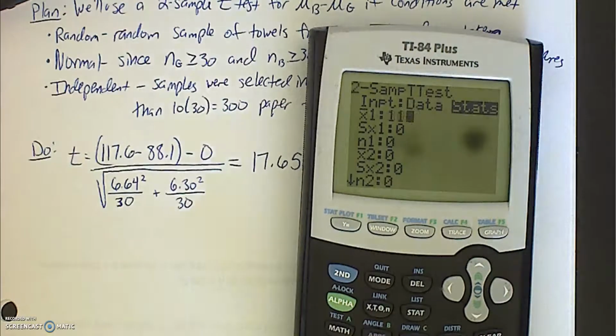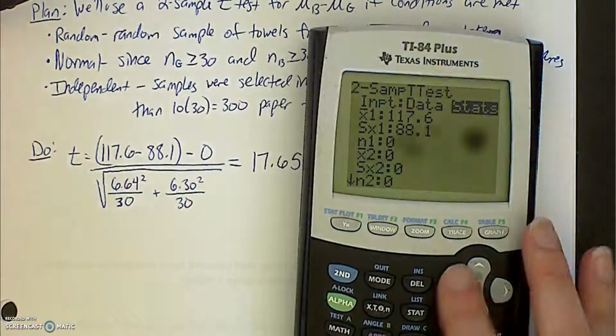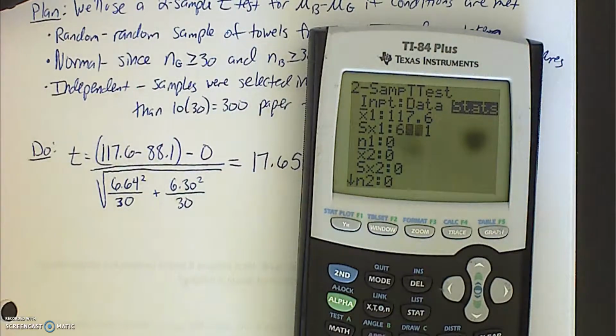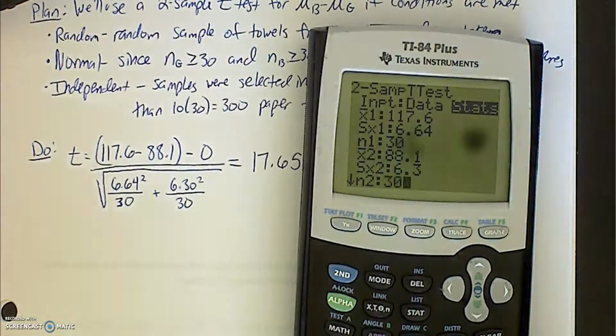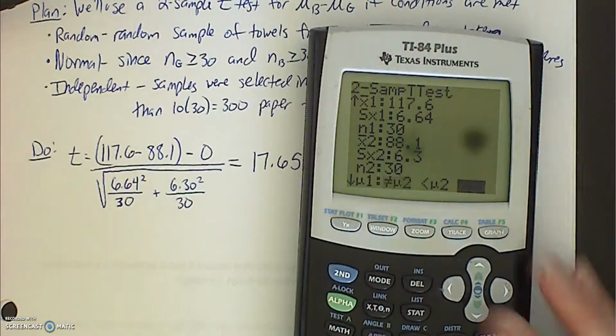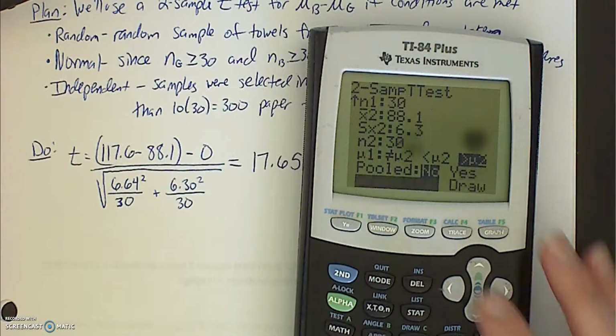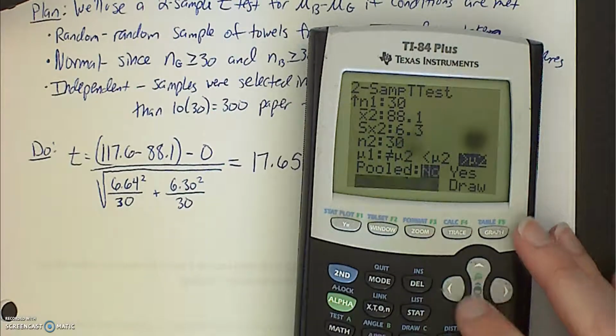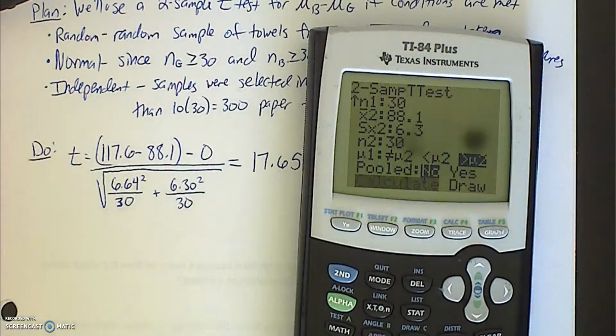So 117.6, sample standard deviation 6.64, 30, 88.1, 6.3, 30. We want greater than. We do not want pooled. It's only for proportions that we pool.